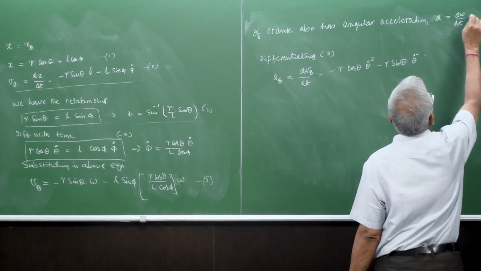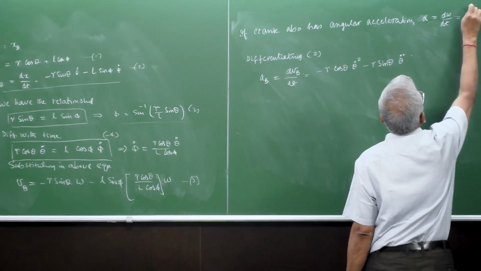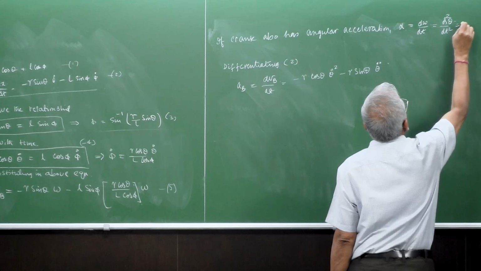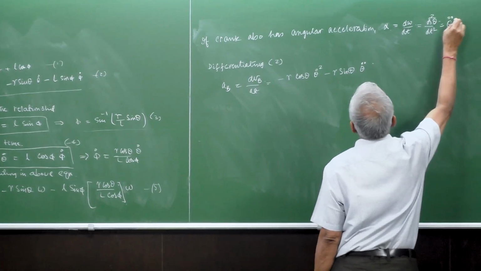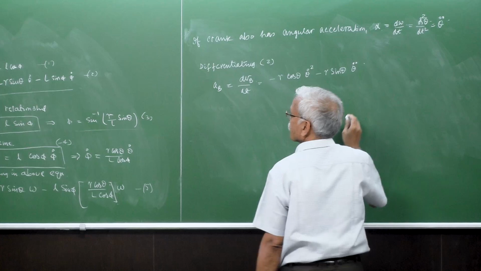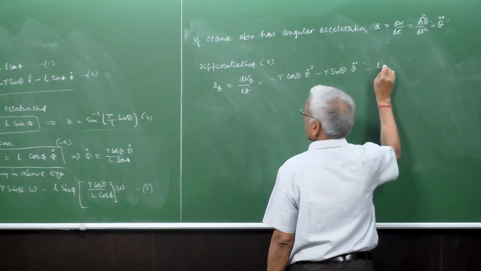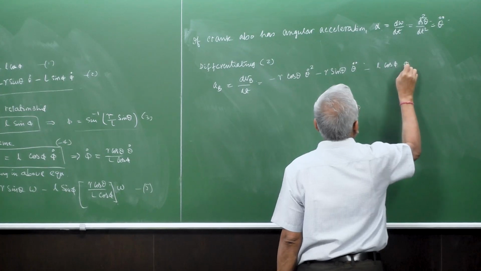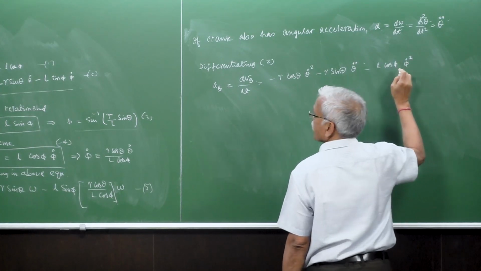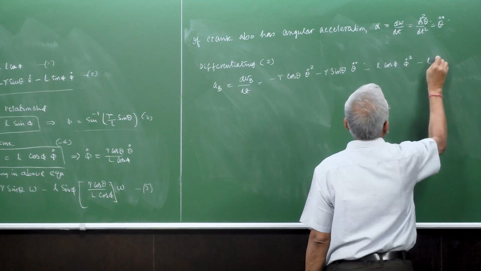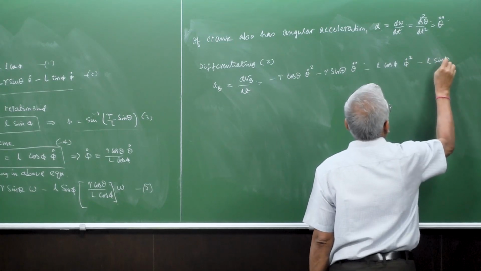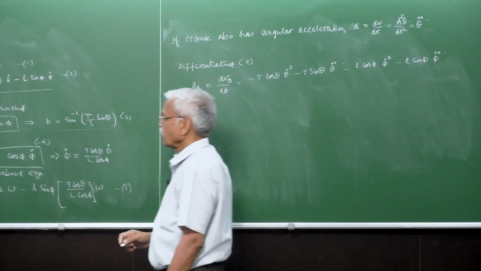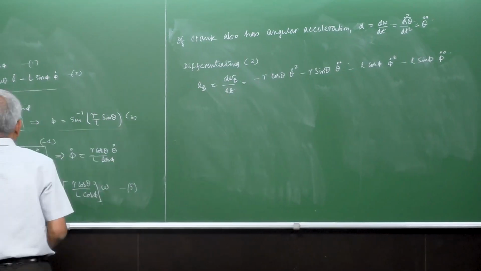In fact this is also d square theta by dt square. So this is the first one, minus L cos phi dot square and sin phi dot. So these expressions keep becoming bigger and bigger.